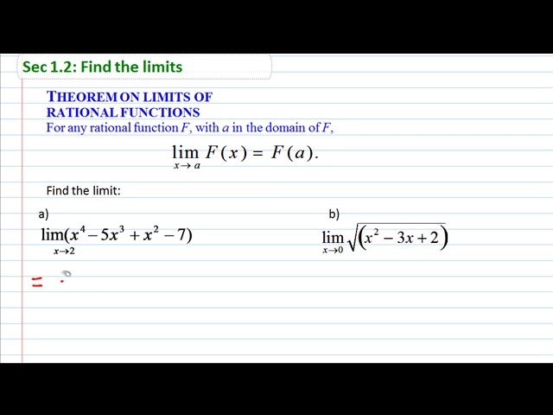So we have the limit as x goes to 2. I evaluate the function at 2. So put 2 to the x minus... plus 2 squared minus 7.